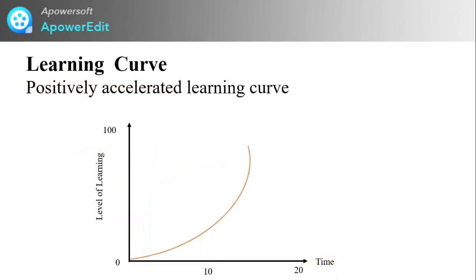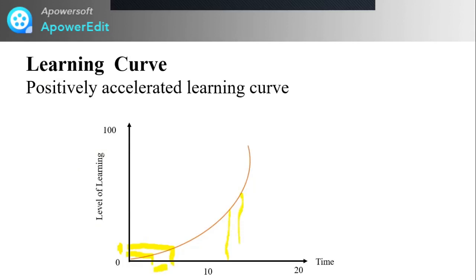Then the positively accelerated learning curve. At the beginning, you spend more time to learn small things. Spending more time, you learn very little. But at the end of the period, end of the session, end of the course, you spend small time, but you learn a big amount.